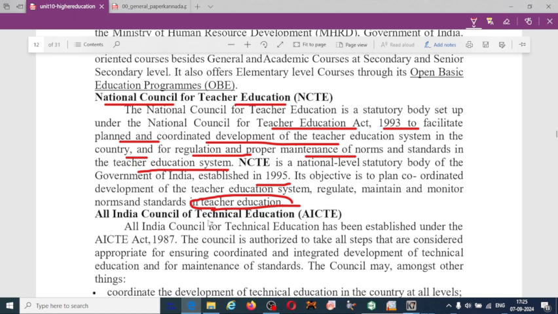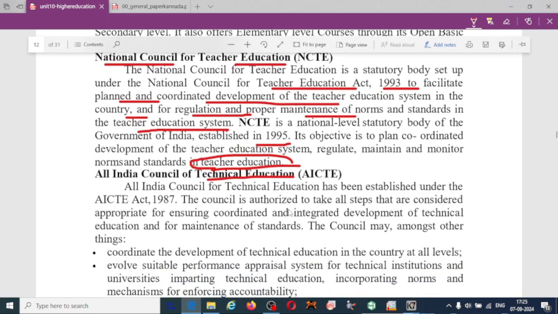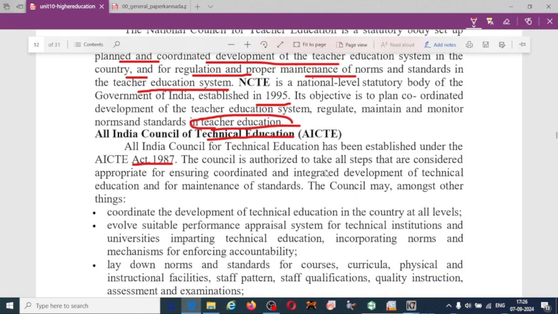So All India Council of Technical Education (AICTE), which was established under the AICTE Act 1987. It is authorized to take all steps that are considered appropriate for ensuring coordinated and integrated development of technical education and for maintenance of standards.